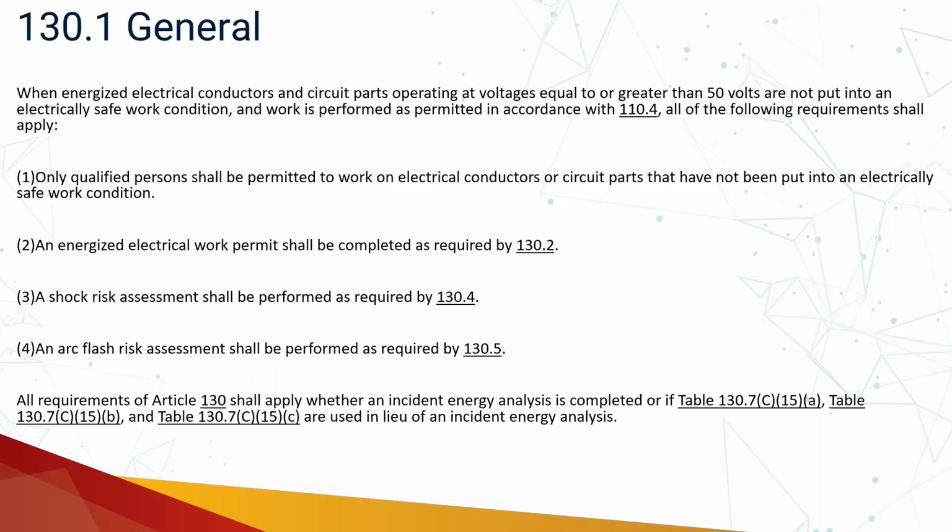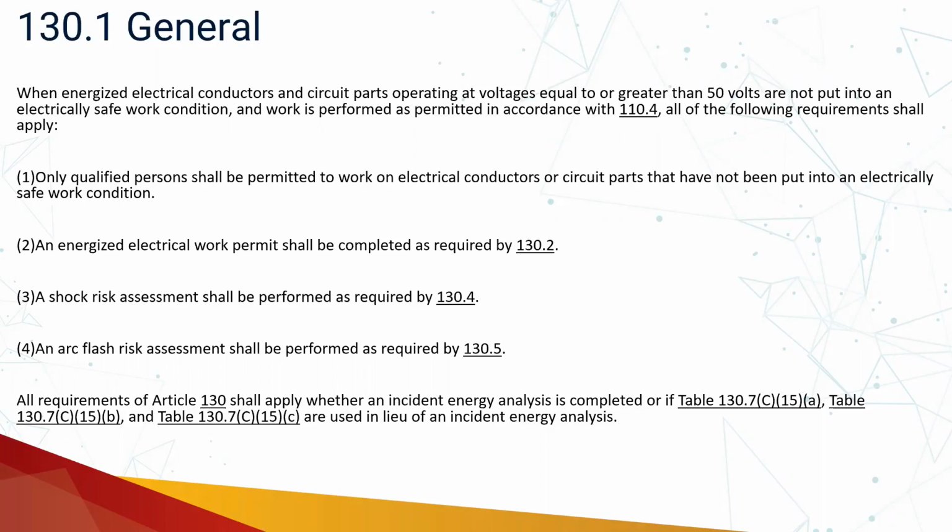Only a qualified person shall be permitted to work on electrical conductors or circuit parts that have not been put into an electrically safe work condition. An energized electrical work permit shall be completed as required by 130.2. A shock risk assessment needs to be performed and an arc flash risk assessment needs to be performed.